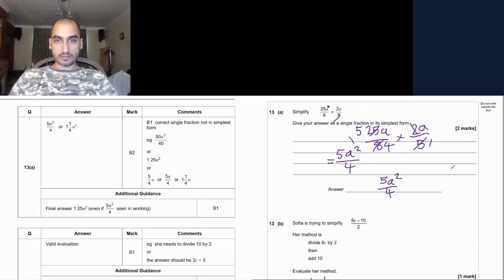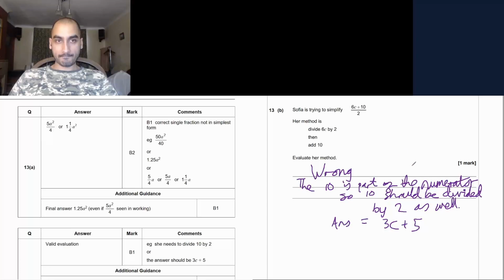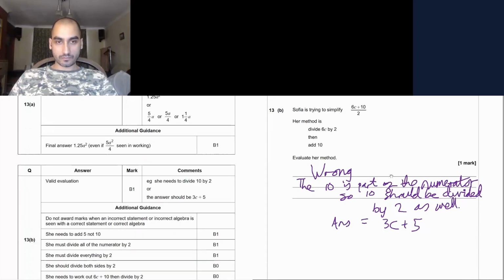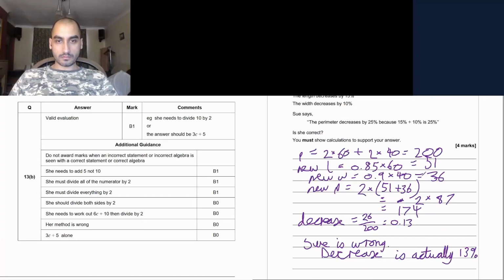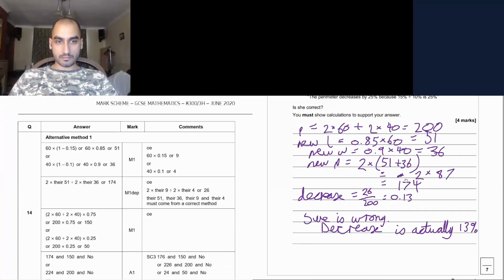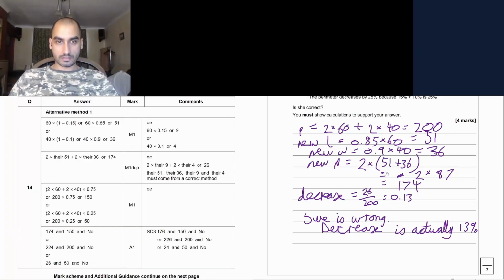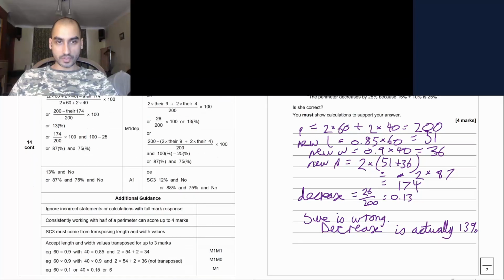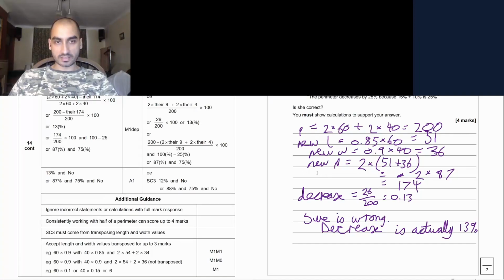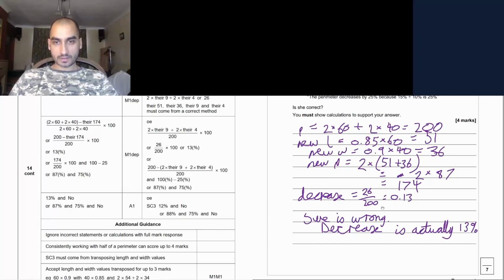5a squared over 4. Correct. It needs to divide 10 by 2. 3c plus 5. Correct. $14. %, and no. That's what I said. 13% and no. So that gets you the accuracy mark.